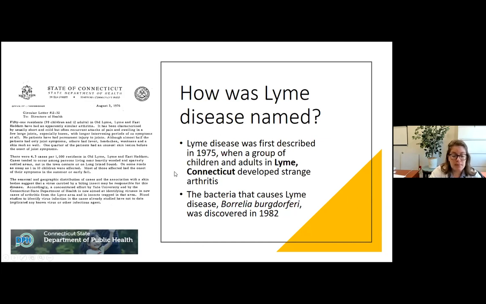And then they named the disease after the town, so it's Lyme disease. And it wasn't until a few years later that it was discovered that the Lyme disease itself is from the bacteria Borrelia burgdorferi. So this is pretty interesting that, you know, Lyme disease infects our area of the country, but it was actually discovered here.